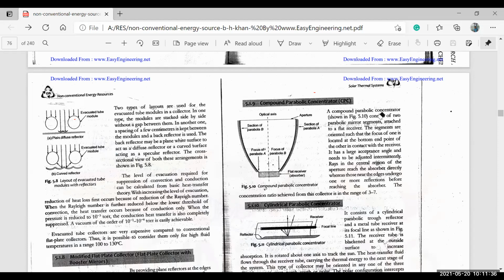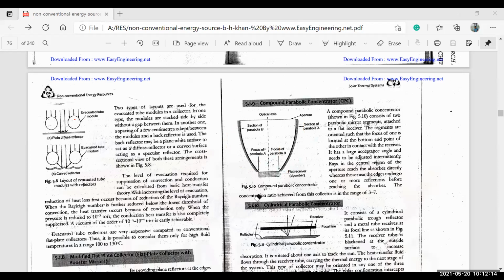This compound parabolic concentrator consists of two parabolic mirrors. You can see over here the two mirrors, the focus of parabola A and focus of parabola B. It is assigned at this particular point, a section of parabola A. The aperture is there, and the optical axis is this one. We will see how it generally works.